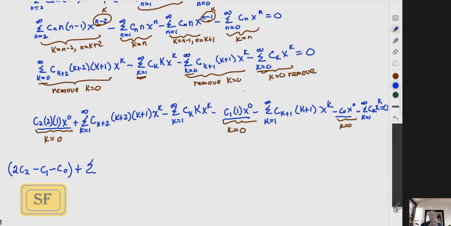Plus, all of my remaining summations have the same lower index, k equals 1 to infinity, and they have that common x to the k.